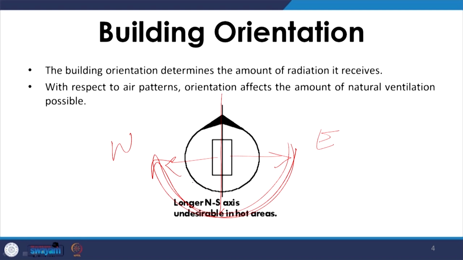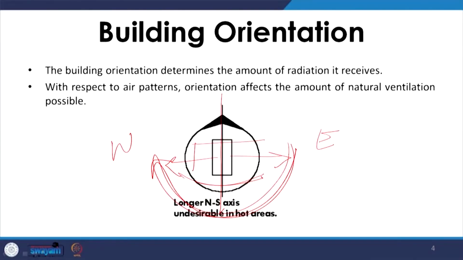Also, the reason is that when the sun comes to the south, it is at a very high altitude and the solar radiation can very conveniently be cut off by using horizontal shading. So, it is always preferable in hot areas to have your building oriented such that it has a longer east-west axis. When we talk about building orientation, it automatically affects the orientation of the street.